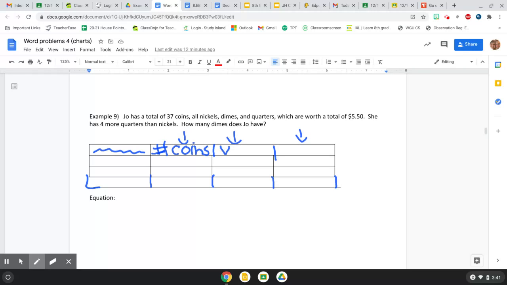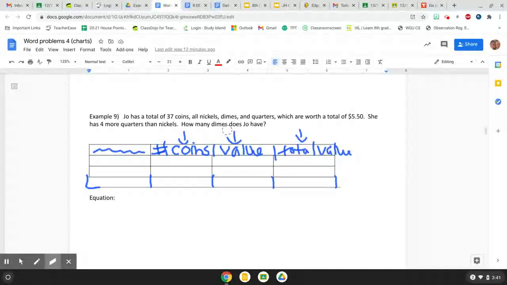This is going to be value of coin, okay, how much it's worth. And then this is going to be total value. Okay, so if I think about this, if I had 1 quarter, that would be a number of coin. The value is 25 cents. So the total value would be 1 times 25 cents. Okay, so that's kind of how we think about that.